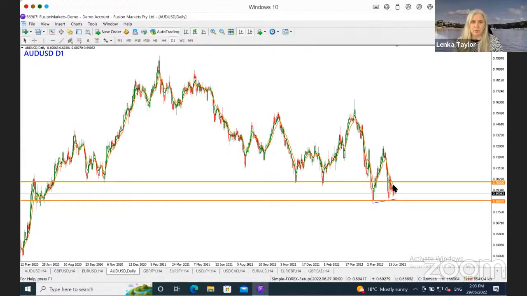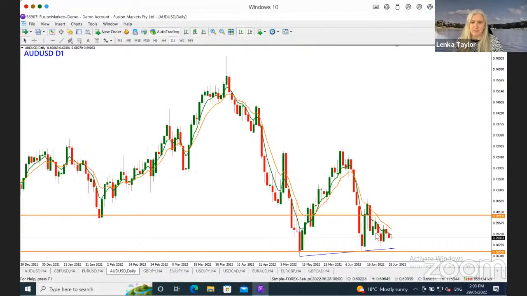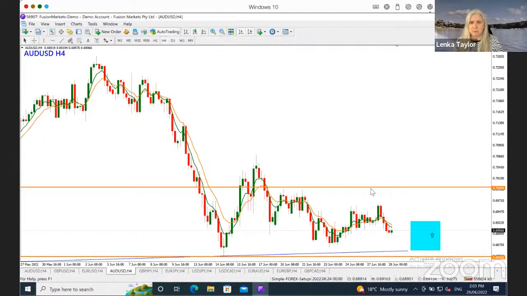So I'm looking for long opportunities within this area, either at the bottom of the range, or if there is obviously a breakout above. But at the moment, we're in the middle. So it would be good for price to be a little bit lower, then looking for that reversal at that point. That would be the preferred scenario here.